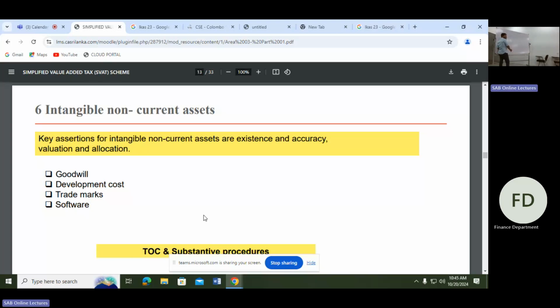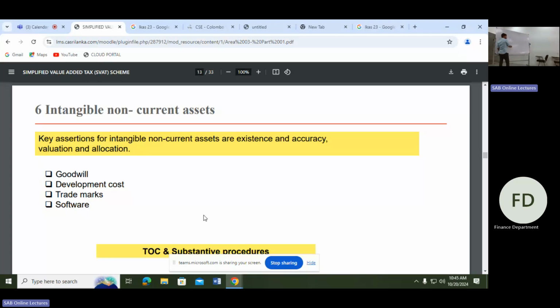It's under the asset definition: as a result of a past event, we have this asset with the expectation of future economic benefit. That future economic benefit will be controlled by the entity, right? So that will be considered an intangible asset.